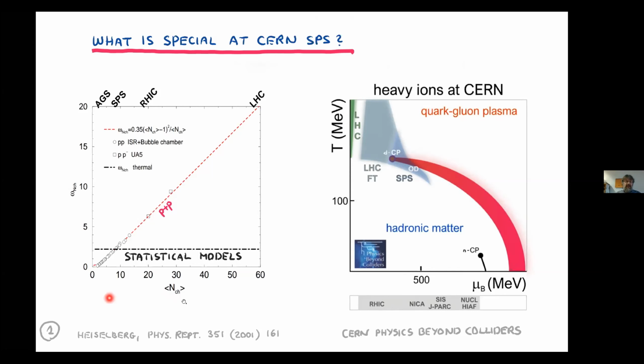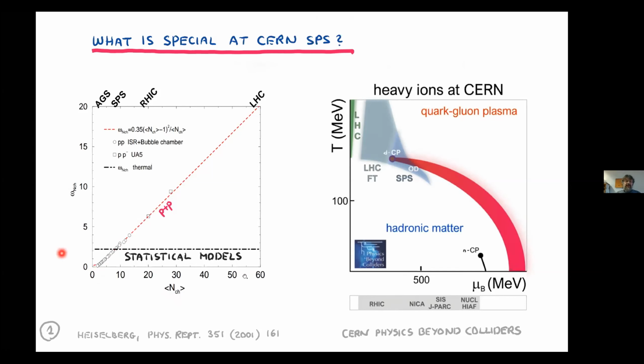Let's focus on this. So we stay with pp collisions, and you see the small dots here. These are pp data recorded at SPS, but also at PS and other machines. And they go straight up. The scaled variance is increasing.